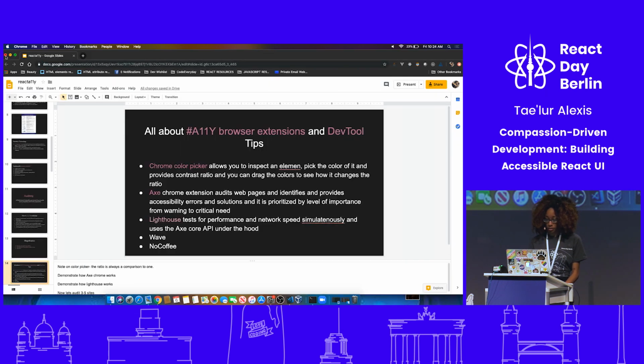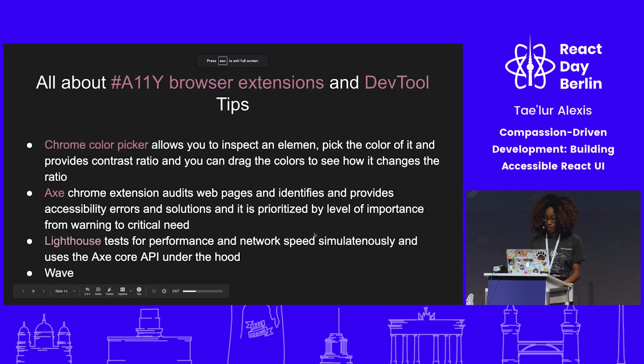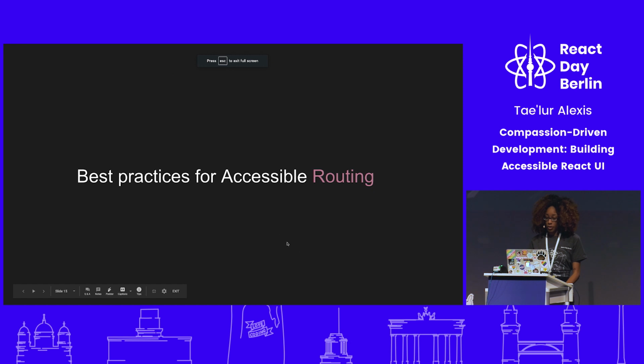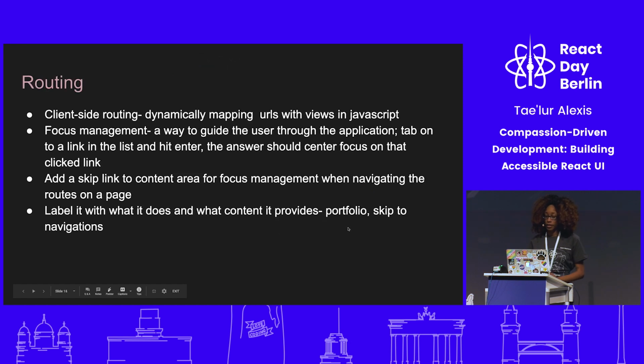All right. Now presents. Best practices for accessible routing. With client-side routing, that's dynamically mapping URLs with views in JavaScript. What comes into play when it comes to accessible routing is focus management, which is what I've been reiterating throughout the talk: focus management is very important.